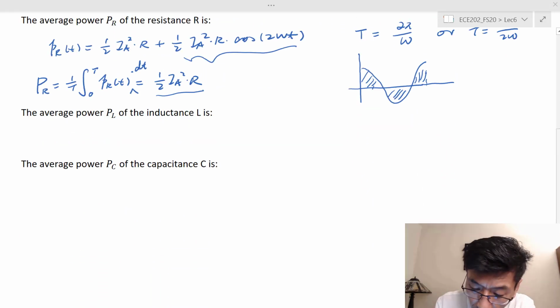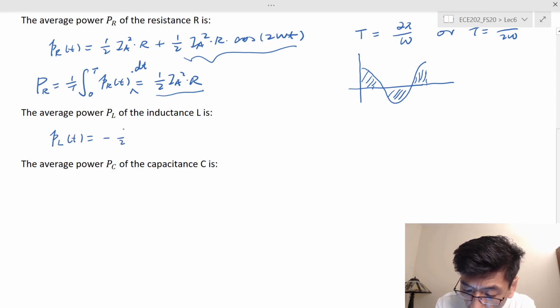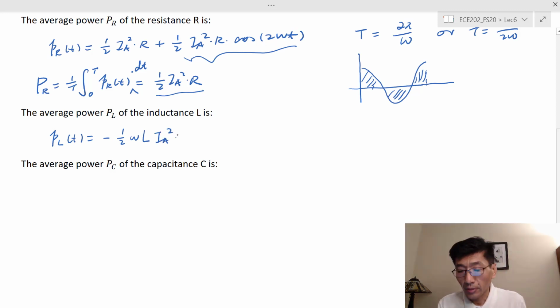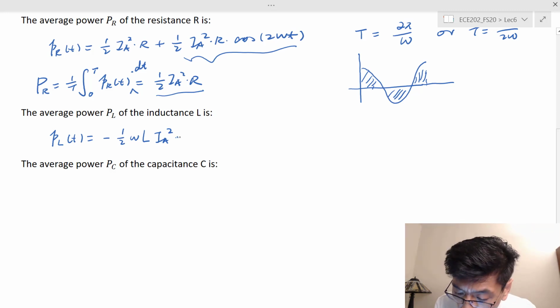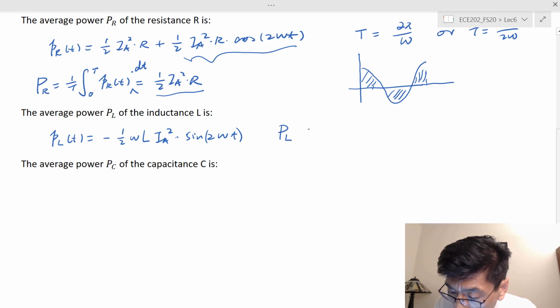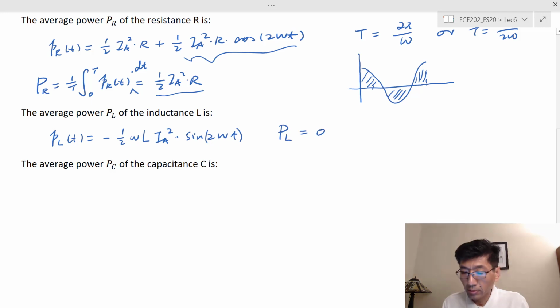For the inductance, the instantaneous power P sub L(t) is equal to negative half omega L I sub A square, where I sub A is the amplitude of the current source, times sine 2 omega t. If I integrate this over a fundamental period, the average power P is going to be equal to 0, because this is pure sinusoidal.